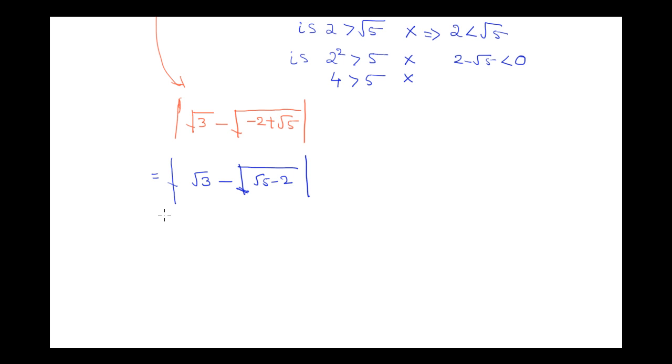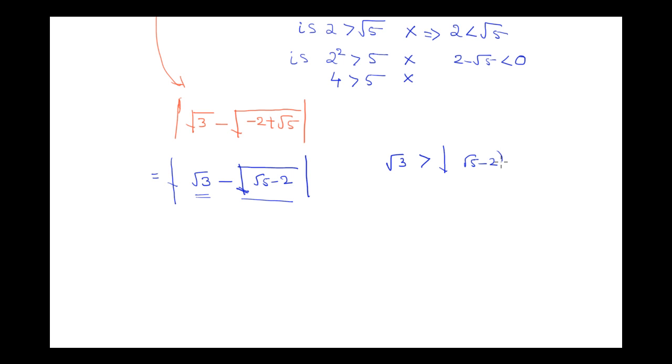Now we have to see which is bigger here. Is square root 3 bigger or is root 5 minus 2 bigger? That's what we have to see now. Let's assume that square root 3 is bigger than square root of root 5 minus 2.